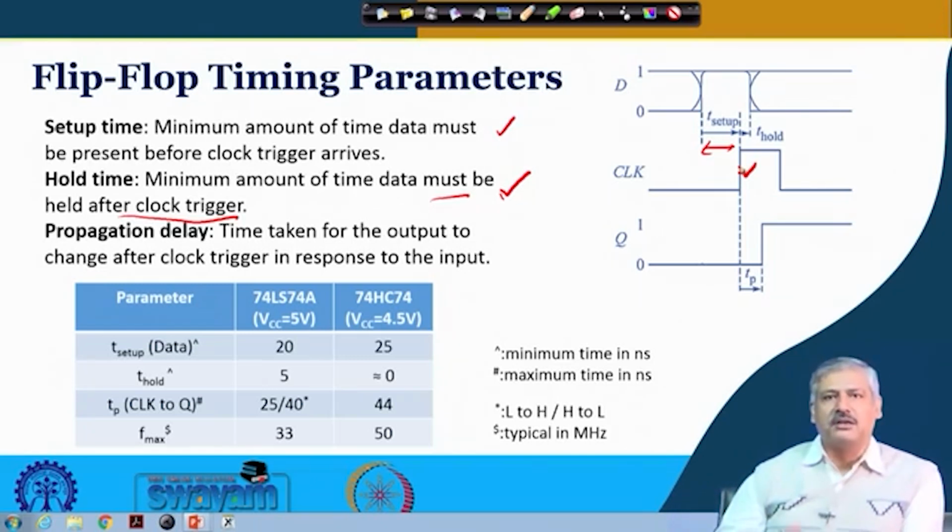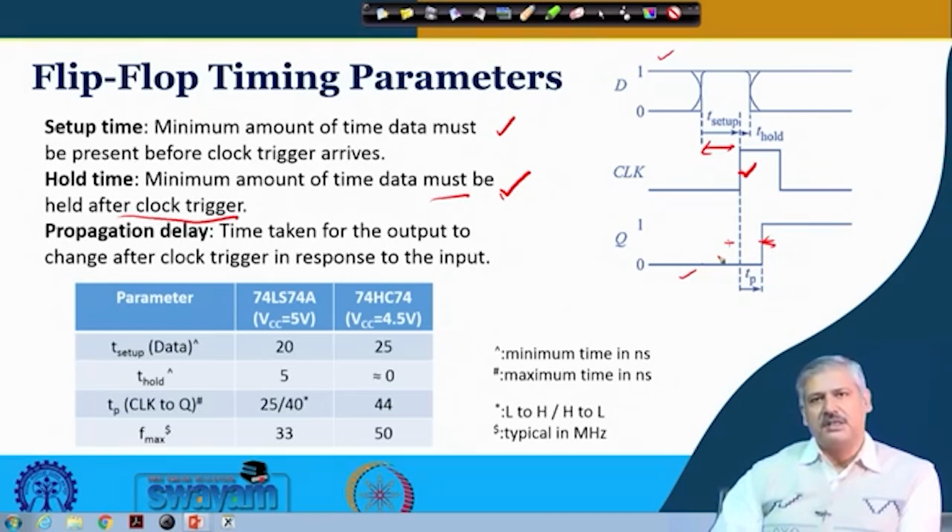All those issues are there because of the basic gates we have already learned. If you put together all of them, the amount of time required, for example here D was 1. After the clock trigger, D was initially 0 and becomes 1. The delay associated is called propagation delay.